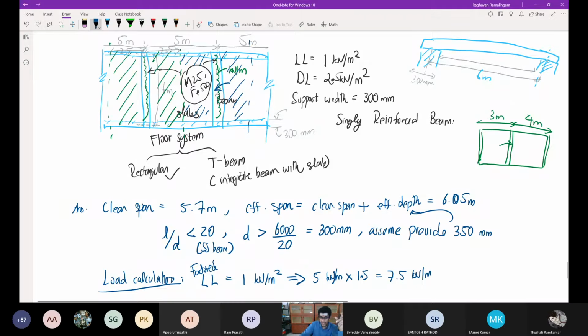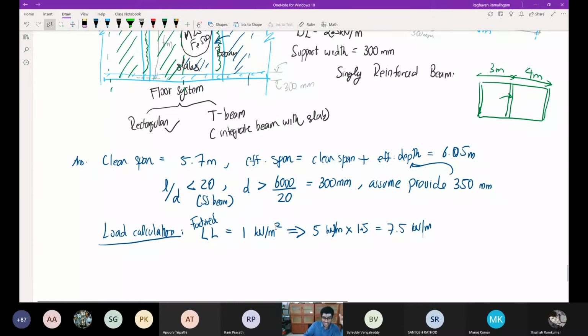Similarly, dead load is 2.5. So do the same thing for dead load. This becomes how much? 2.5 into again 5 is how much? Someone else tell me. It's always the same voice that I'm hearing.